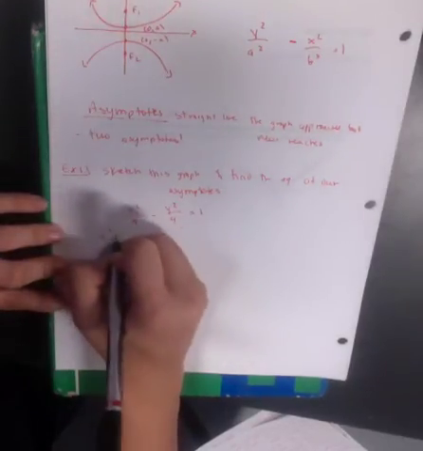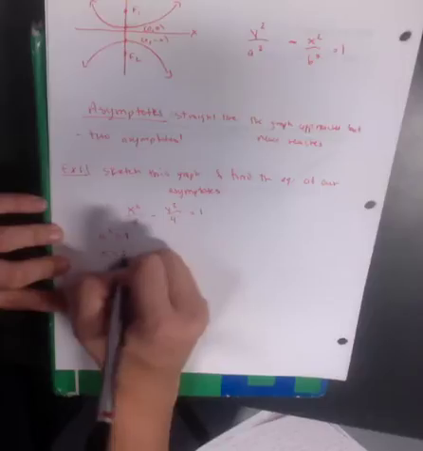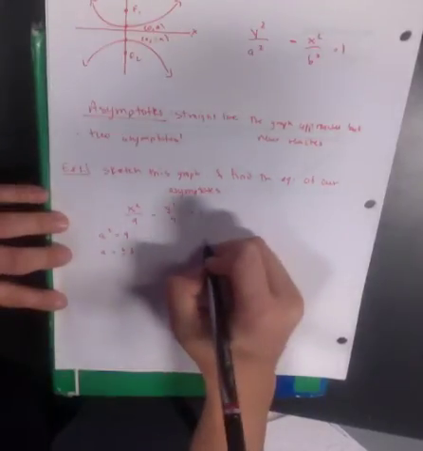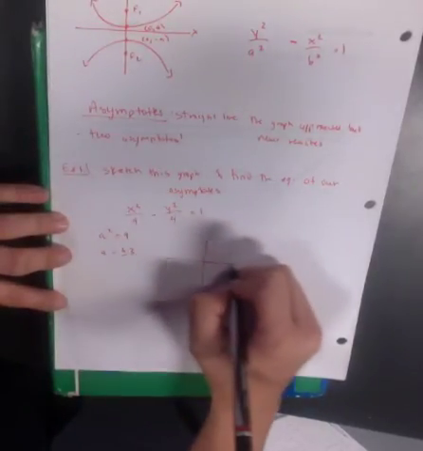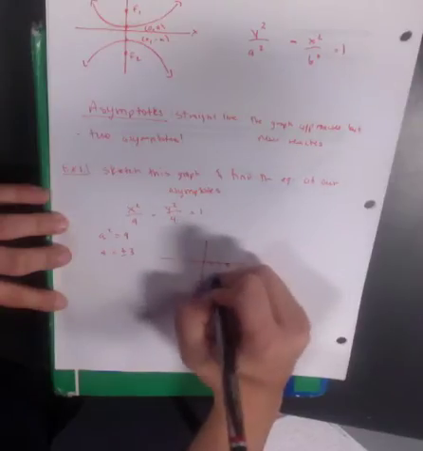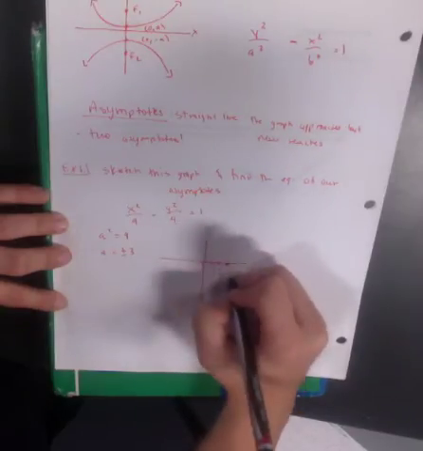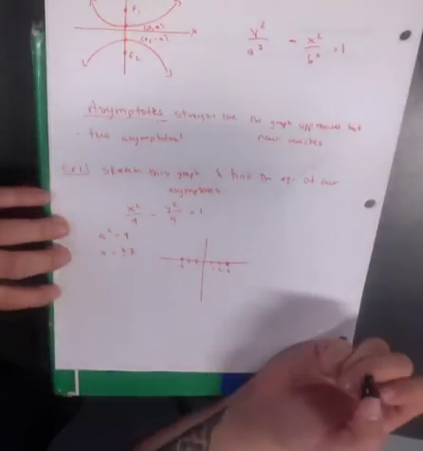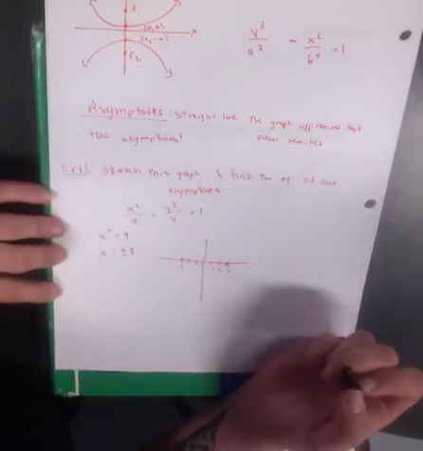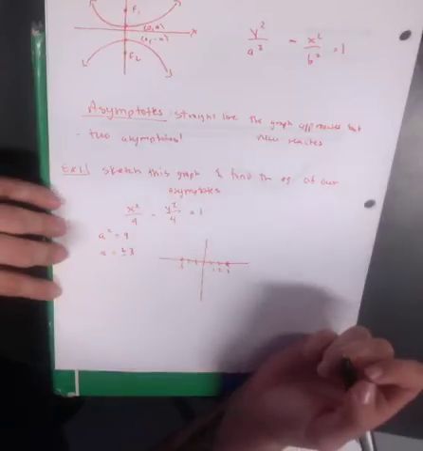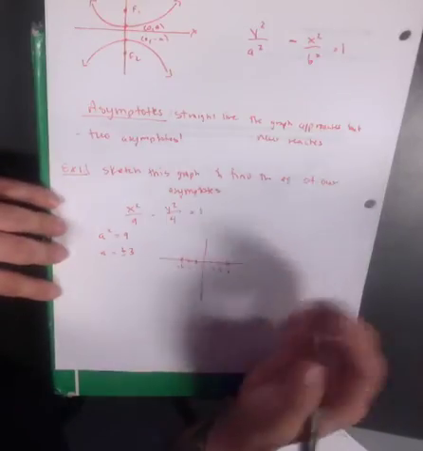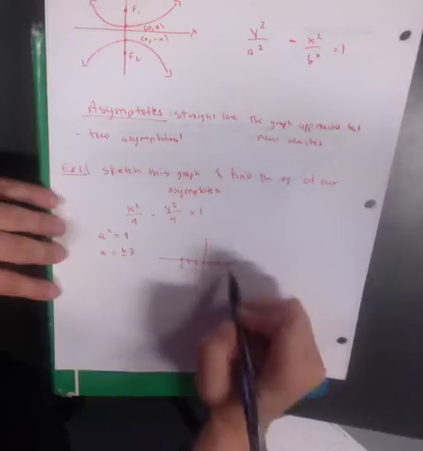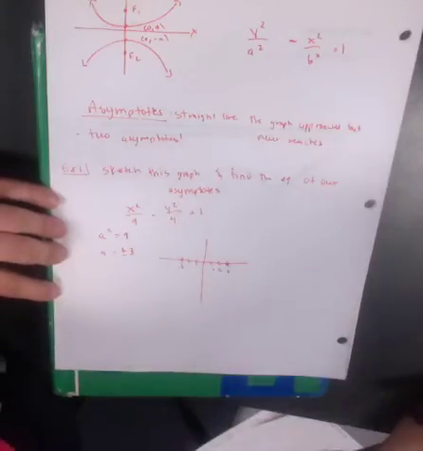And we have a squared is 9, so a is plus or minus 3. So on my graph, I have this is 1a. That's my other. Okay. And I know that my graph is going to look like the first graph I showed you.